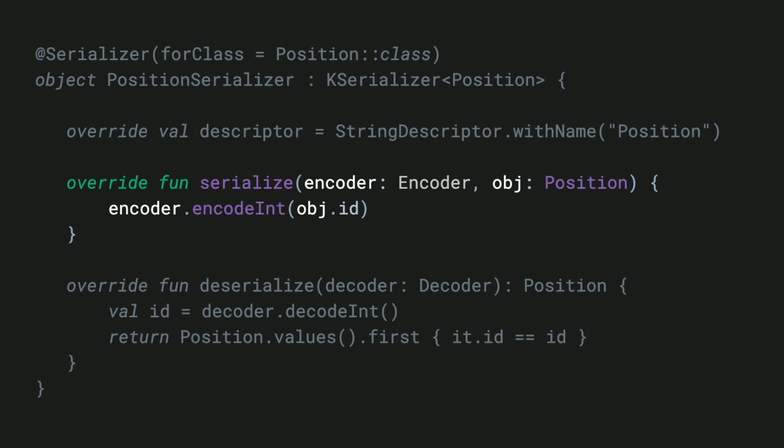One is the serialize method, where you handle the serialization. So we've got our position class, and we're just going to encode the integer value instead of the name. Then in the deserialize method, we decode that serialized integer and create an actual object from it. So here we're defining what we want to do.